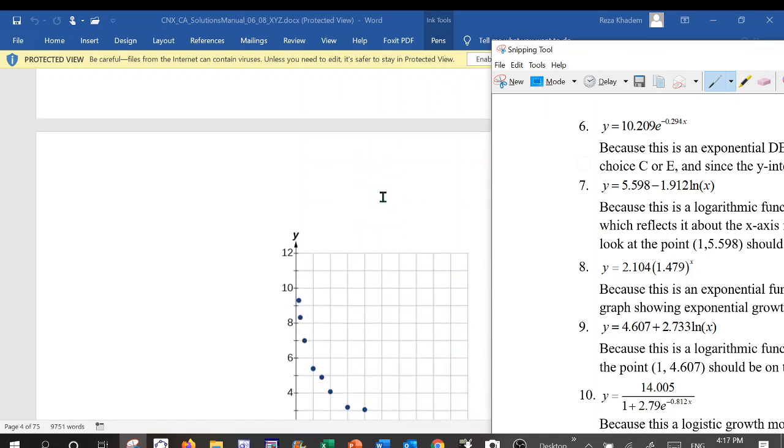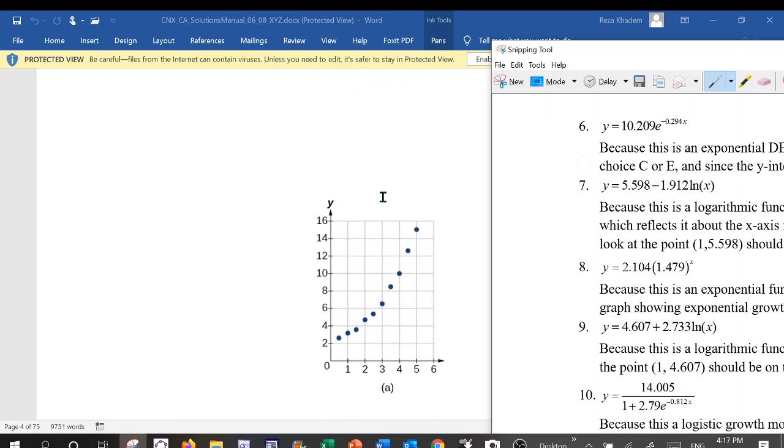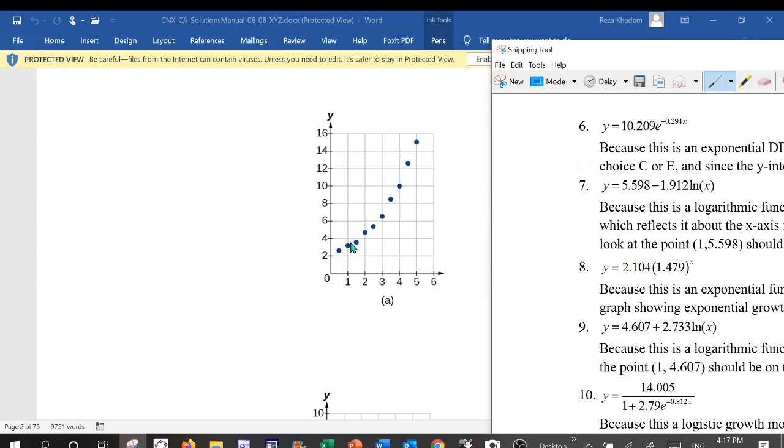So for example, notice that this right here looks like it is increasing exponentially, right? So out of these that we are given, which one is increasing exponentially with a positive rate of growth? It looks like it's this one right here, because that's positive, and this looks like exponential growth.